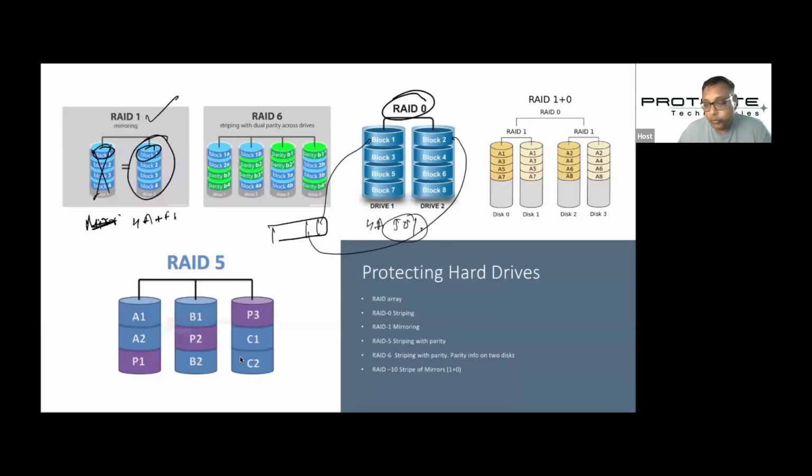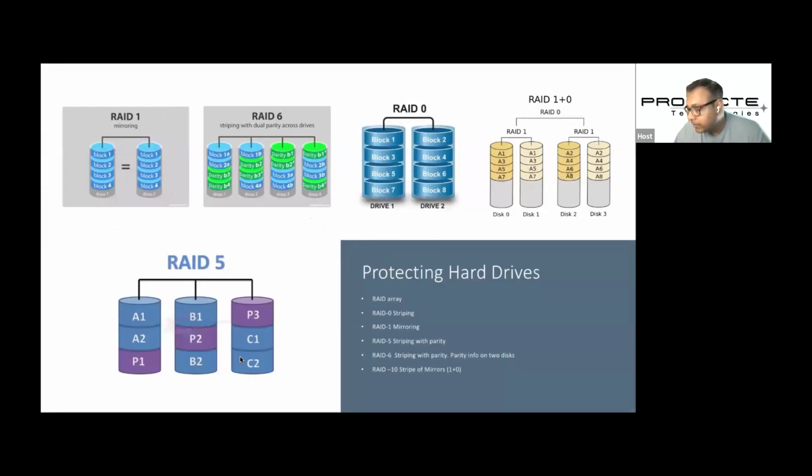So that's why you implement RAID 10. RAID 10 is striping with mirroring, wherein you have first a mirror of your stripe. So you wrote the first block, second block, third block, fourth block, different blocks on different drives, and then you mirror it.